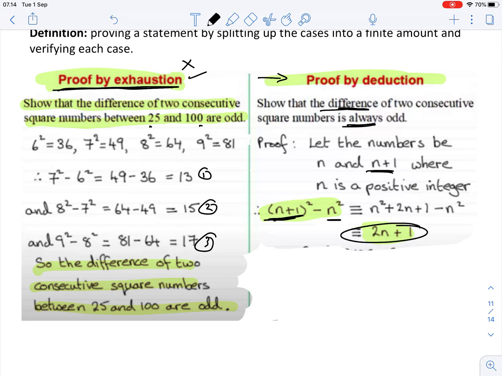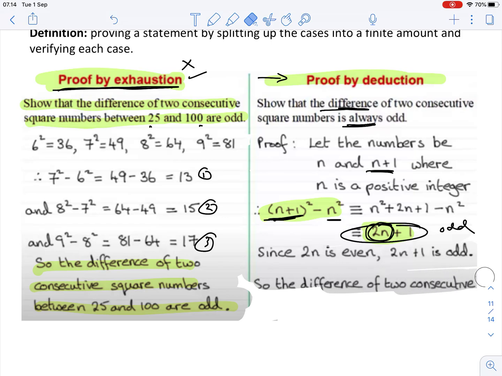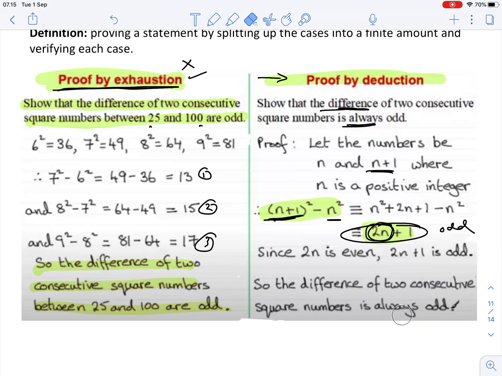And remember, based on our definitions, if something is equal to 2n plus 1, or some even product plus 1, this represents an odd number. So in fact, we have just proven that the difference of two consecutive square numbers is always odd. Since 2n is even, we know 2n plus 1 is odd.